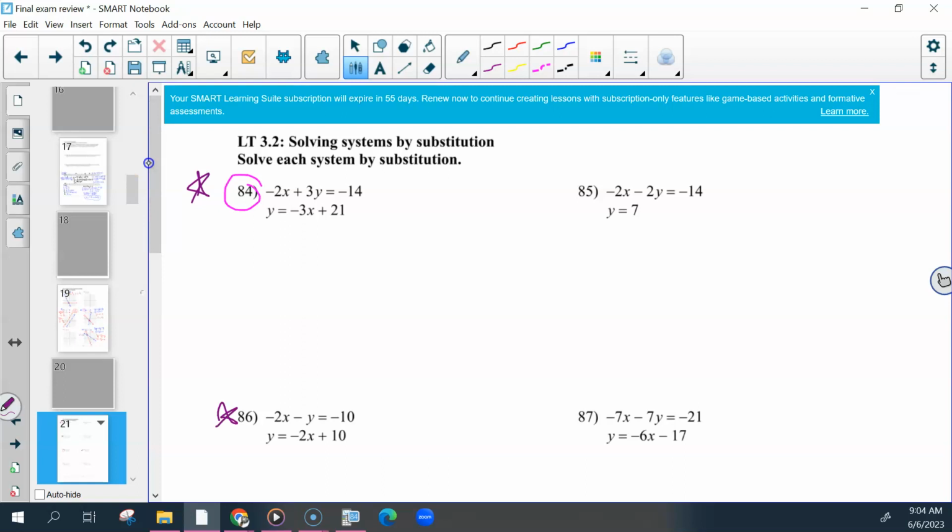The goal with substitution is you should have an equation that's already solved, either x equals or y equals, it does not matter which one. And if you do have that, you're going to take this entire equation and replace the other y in the other equation with it. So I can rewrite this. Negative 2x plus 3, then in parentheses, negative 3x plus 21 equals negative 14.